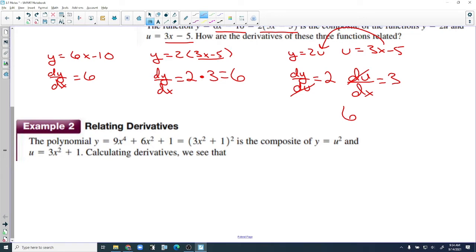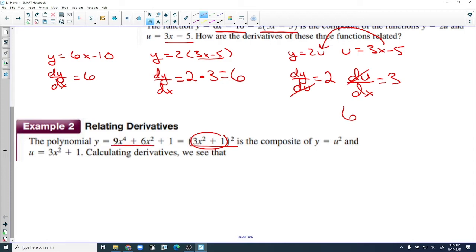I'll show you example 2. The polynomial y equals this squared is a composite of u squared and 3x squared plus 1. So there's really something squared, and what's being squared is 3x squared plus 1, so it's a function within a function.